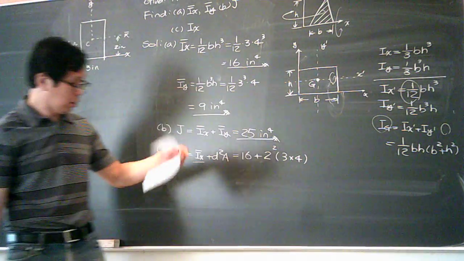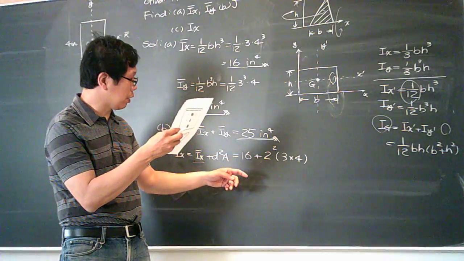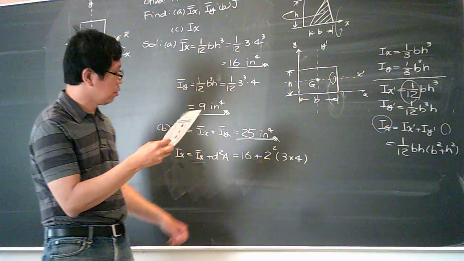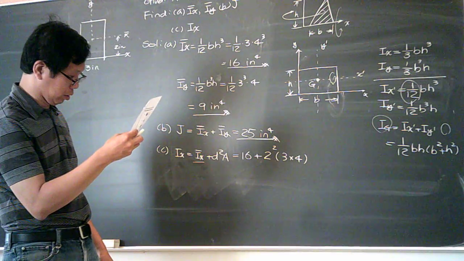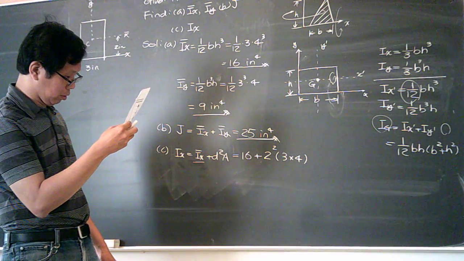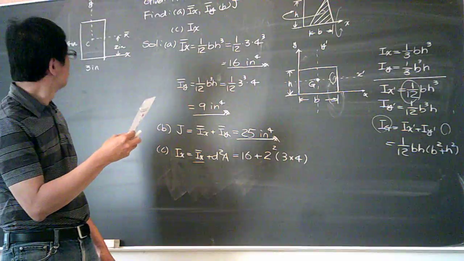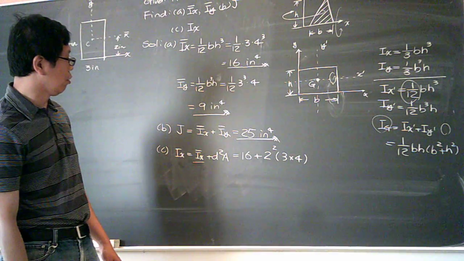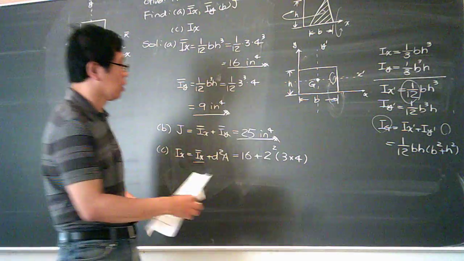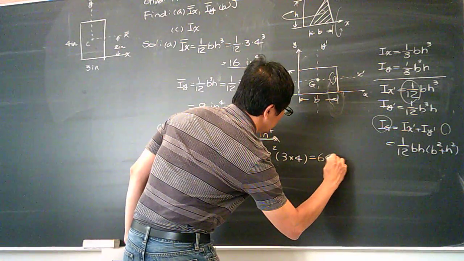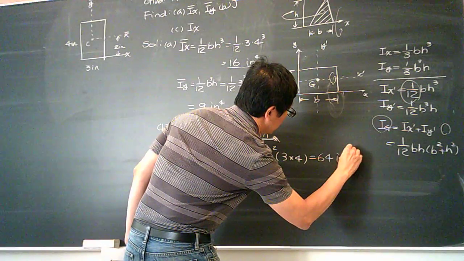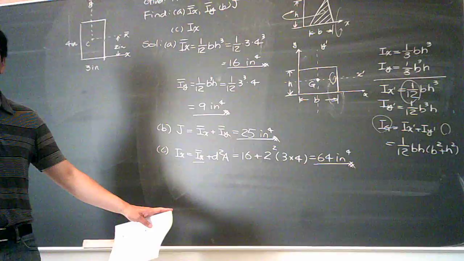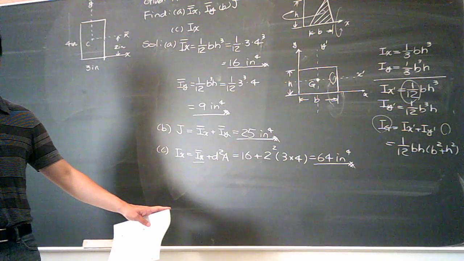So if you add everything together, 16 plus 48 becomes 64. Does that make sense to everybody?